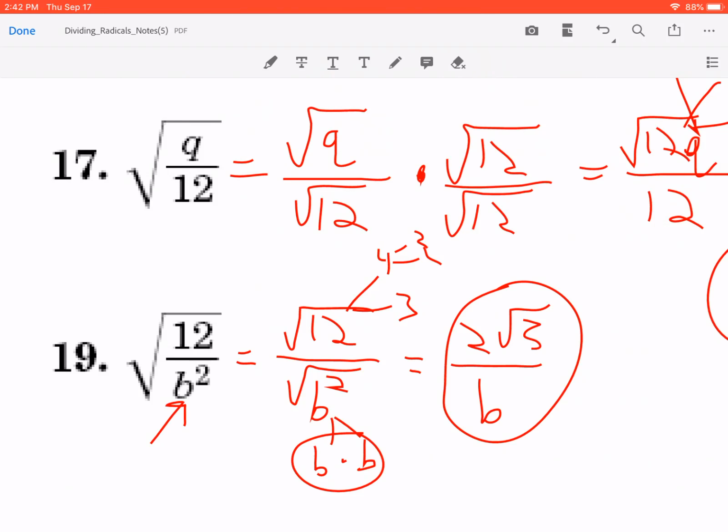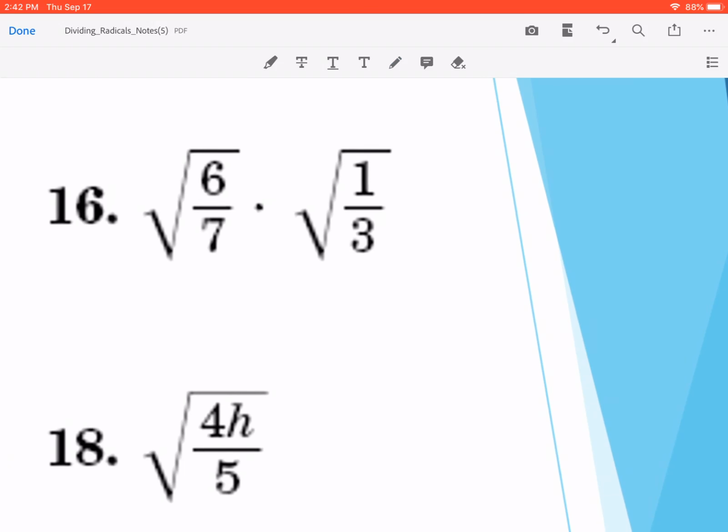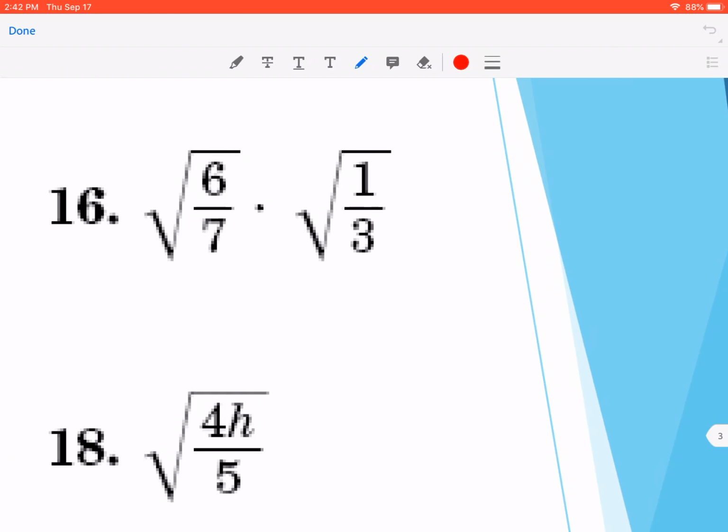All right, let's look at the last few. You may see something like this. This is just multiplying and then simplifying. So when you multiply fractions, remember, numerator times numerator, so that's the square root of 6. Denominator times denominator, that's the square root of 21. The problem is we got a radical on the bottom. So how do you get rid of a radical 21?